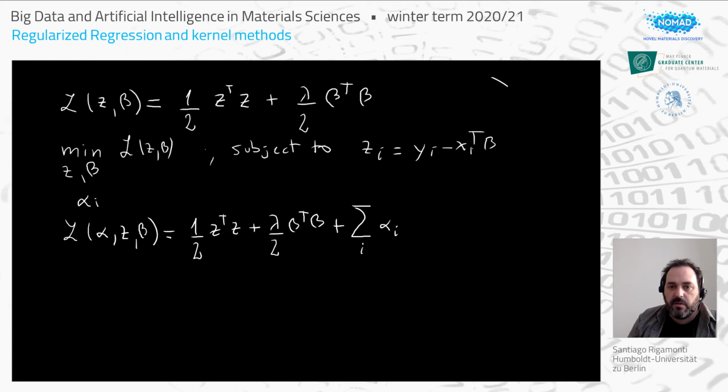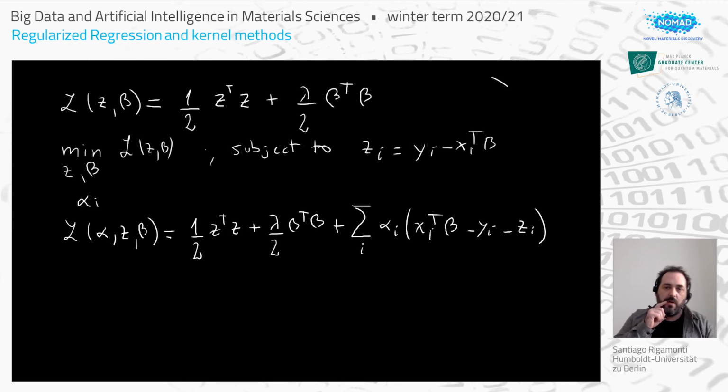Then this will be the product of the Lagrange multipliers times our previous constraint, xi transpose beta minus yi minus zeta i. So this is the Lagrangian that we obtain after defining these Lagrange multipliers.